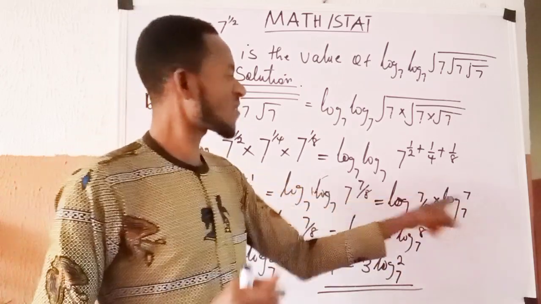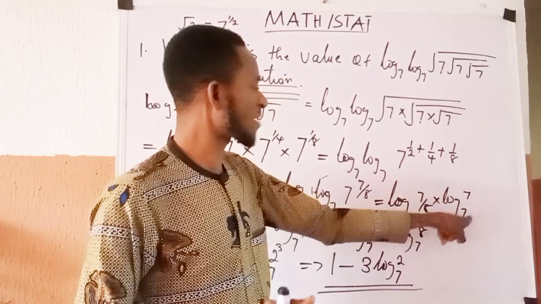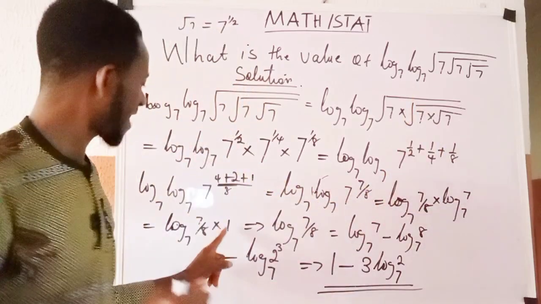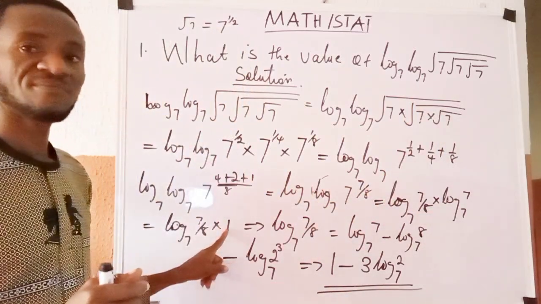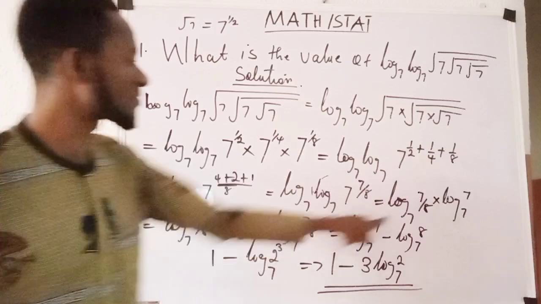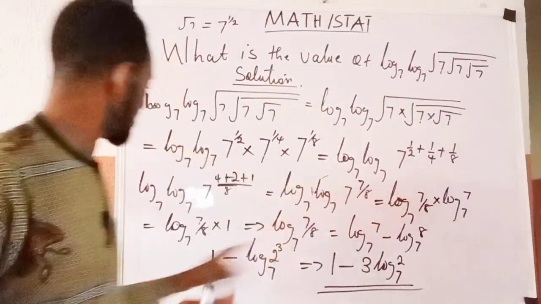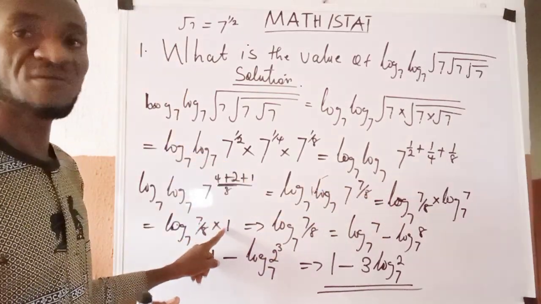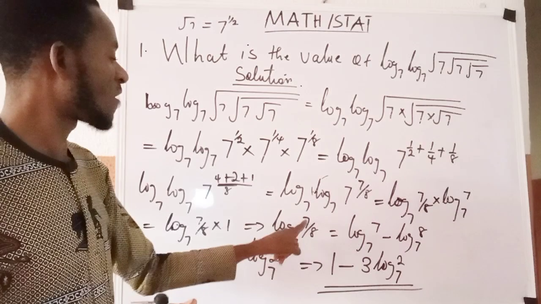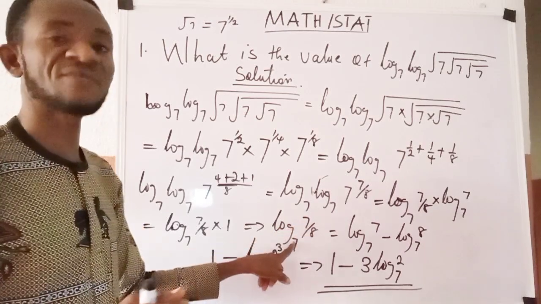We quickly recall for ourselves that log of a number to its base is 1, and that's what we have here. So we had log in base 7, which is here, and this 7 over 8, which is here, multiplied by 1, which is the same thing as log of 7 over 8 base 7.